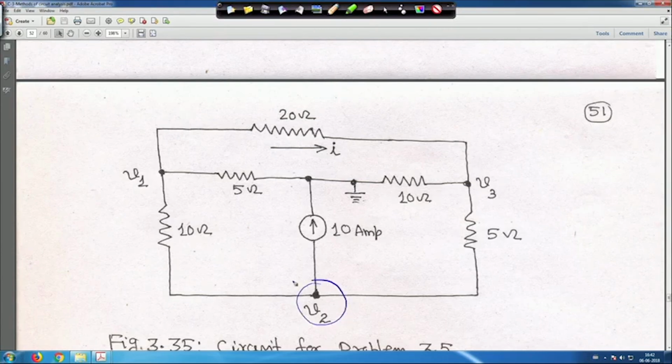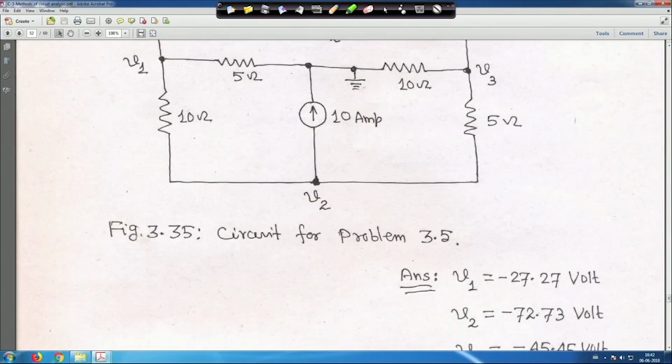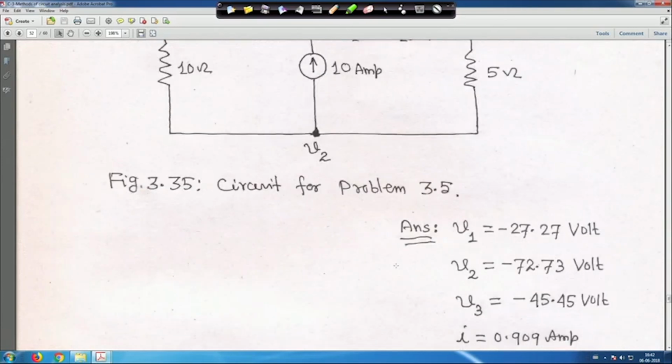Here is something different, because generally we mark the top, but here it is given. Answers are given, but note that V2 is not your reference node at zero potential. V2 is equal to minus 72.73 volt.